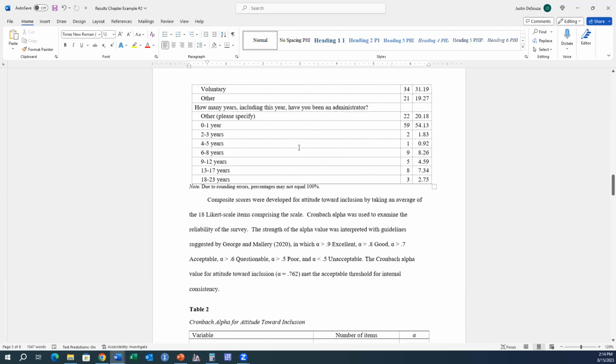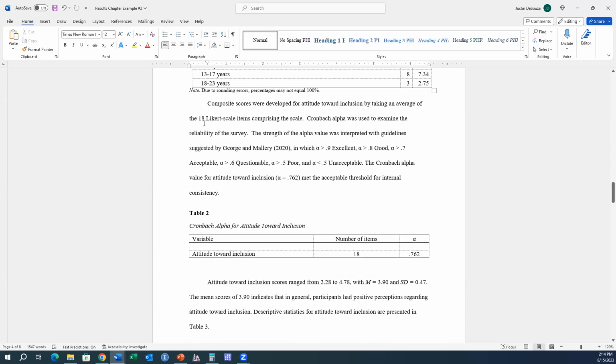And then the second part of the descriptives will be presenting a Cronbach alpha value, potentially. So this only applies if you're using a self-report Likert scale survey. Cronbach alpha, we have a threshold with the citation here. So ideally, Cronbach alpha needs to be above 0.7, which it is in this case.